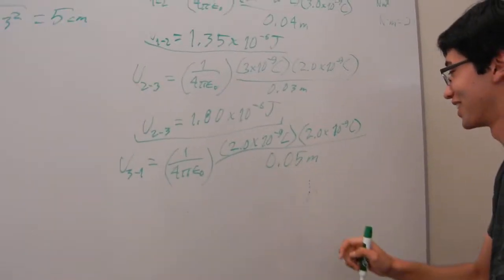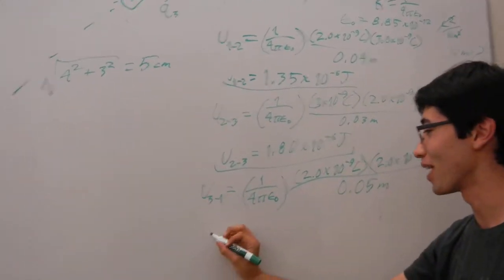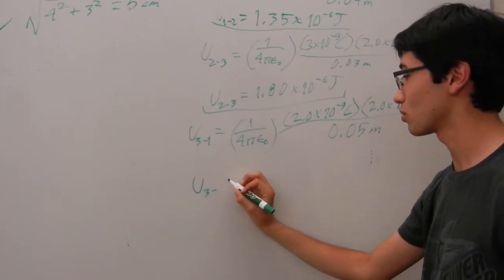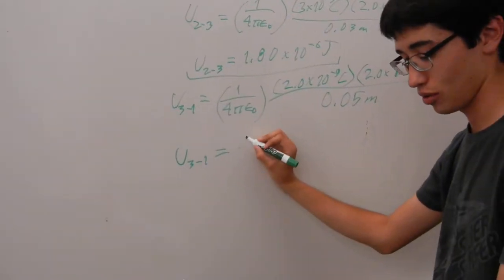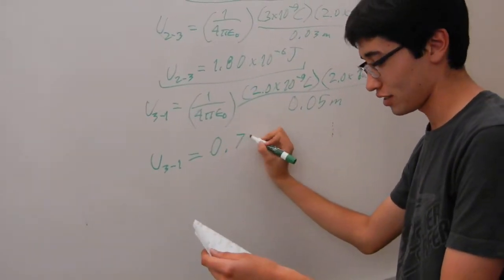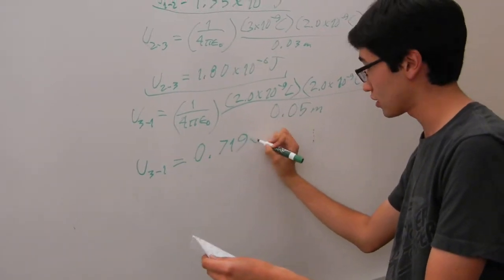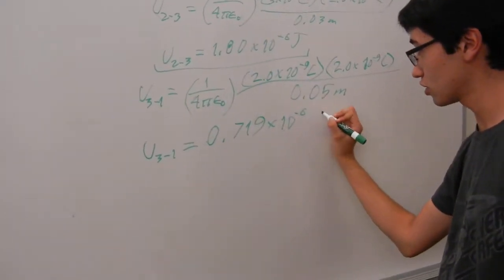That's a 5. And when you work with that math, electric potential between those two is equal to 0.719 times 10 to the negative 6 joules.